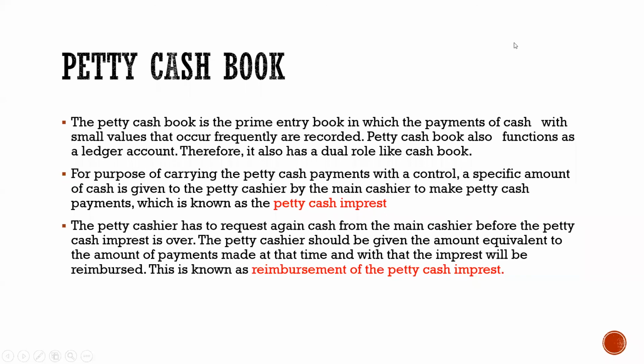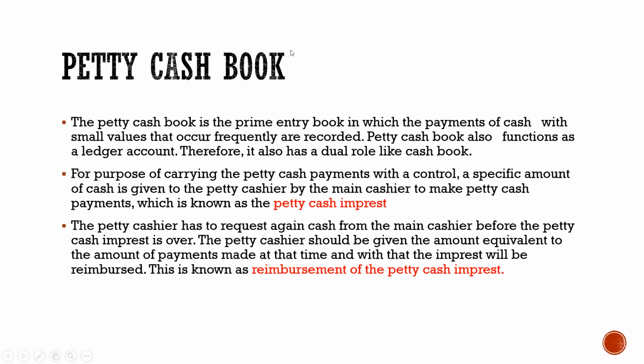For the purpose of carrying out petty cash payments with control, a specific amount of cash is given to the petty cashier by the main cashier. This amount given at the beginning of the month is called the petty cash imprest. If it is 10,000, that is the entire amount he can spend within the month, right?